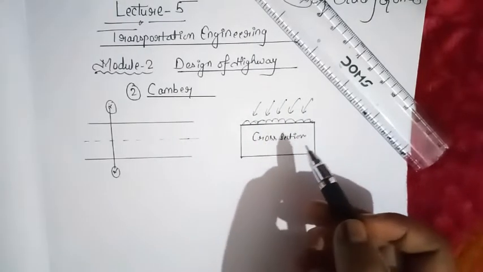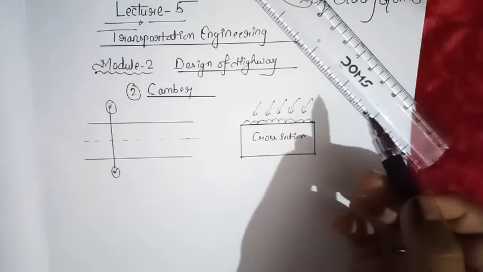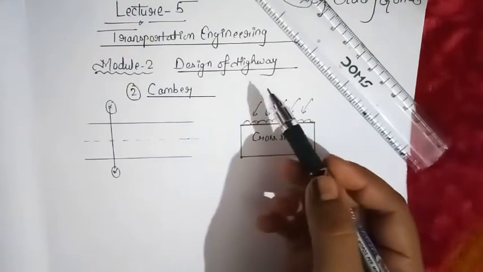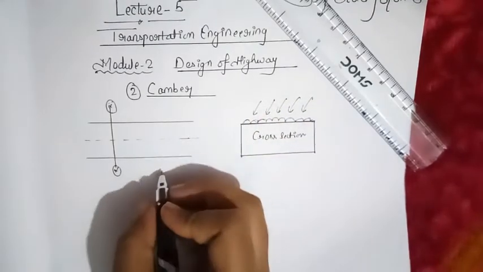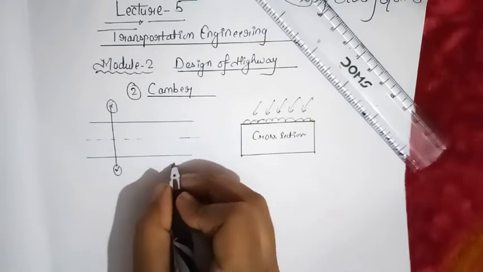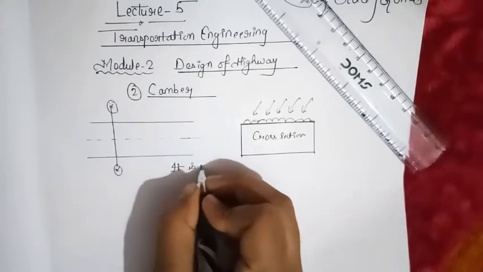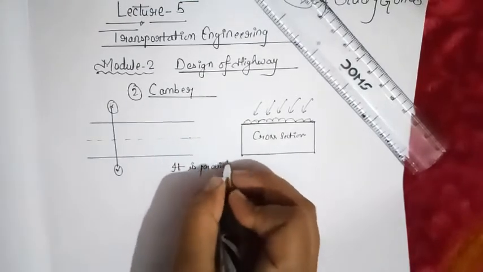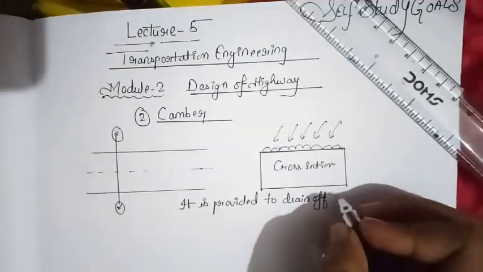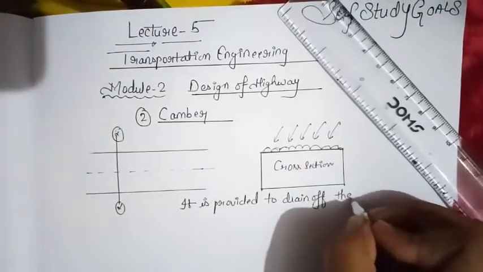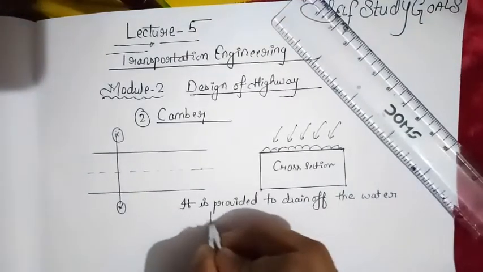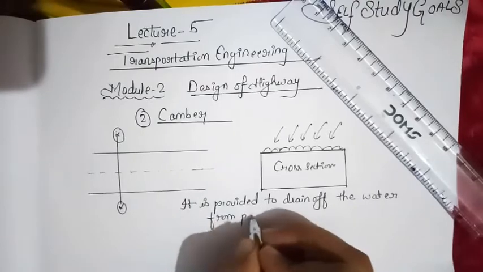So this is why there is a need of a term known as the camber. Camber is provided to drain off the water from the pavement. So this is the definition, or you can say this is the meaning of the camber. So it is provided to drain off the water from the pavement.